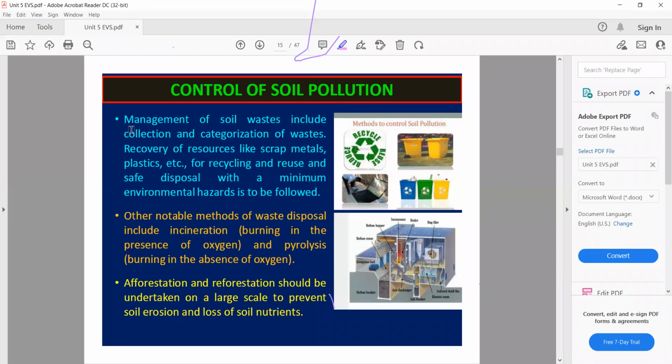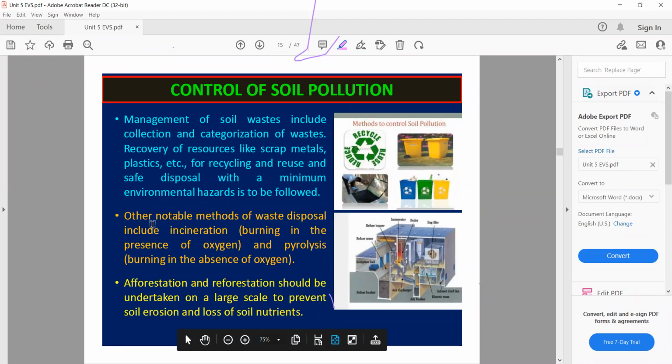Next, coming to control of soil pollution. Management of soil wastes includes collection and categorization of wastes, recovery of resources like scrap metals, plastics, etc. for recycling and reuse, and safe disposal with a minimum environmental hazard. It's a must, and this has to be in our head and heart: recycle, reuse, and reduce.